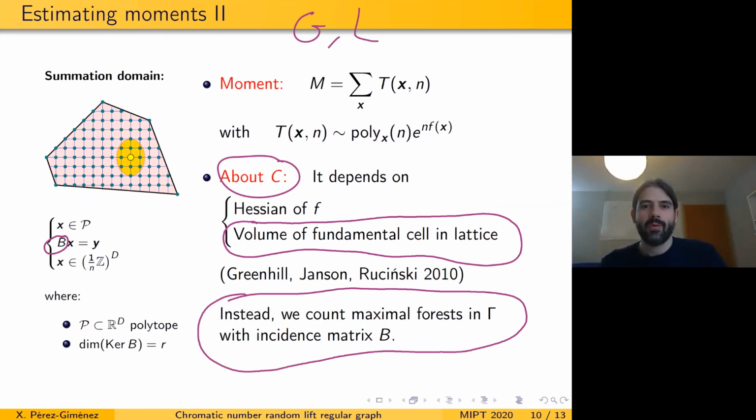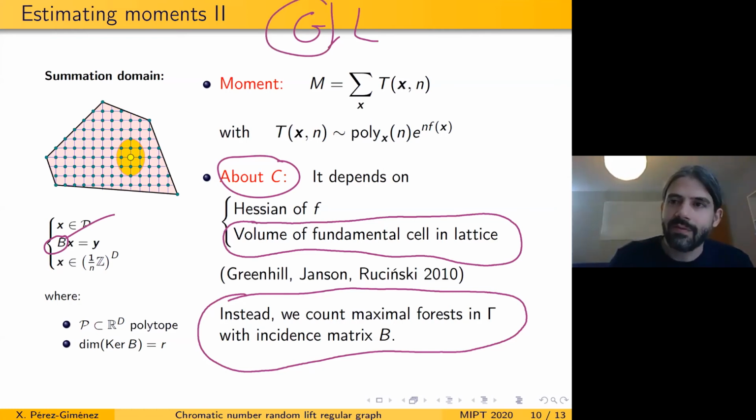So we ended up having to count spanning trees or spanning forests using the matrix tree theorem on some graph whose incidence matrix was given by some constraints. These constraints depend, of course, on the base graph. So you need to know something about the spectral properties of the base graph to understand what the spectral properties of this auxiliary graph look like.